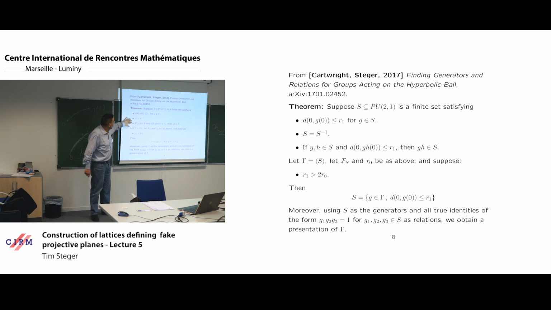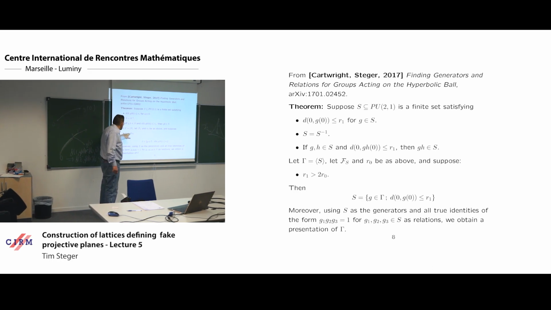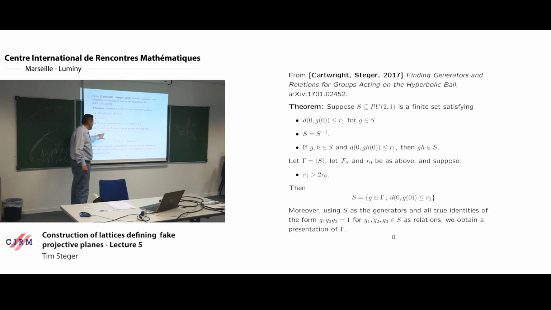And if I have two elements in there, their product will be there so long as the product is also of the right size. This is my only condition on S. Gamma, as before, was this group generated by S, and let Fs and R0 be as on two slides ago. And we need this condition: R1 has to be bigger than 2R0.